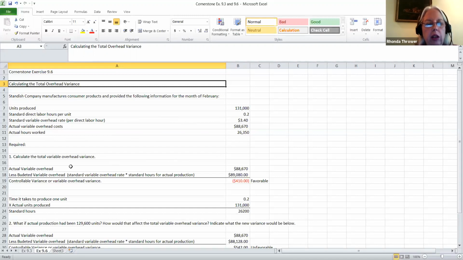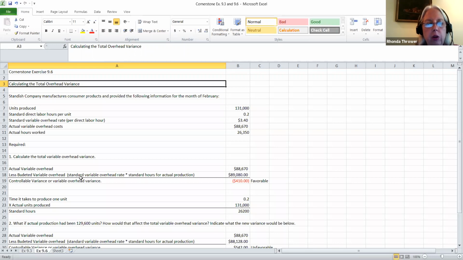When we're calculating the total variable overhead variance, we're going to start with our actual variable factory overhead, and that was given. So the actual variable factory overhead less your budgeted variable factory overhead.